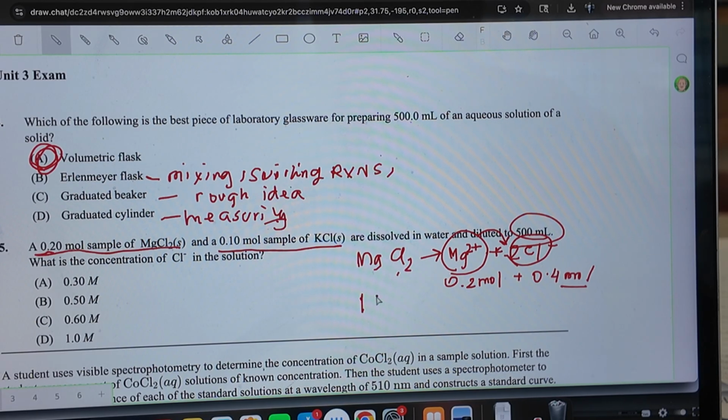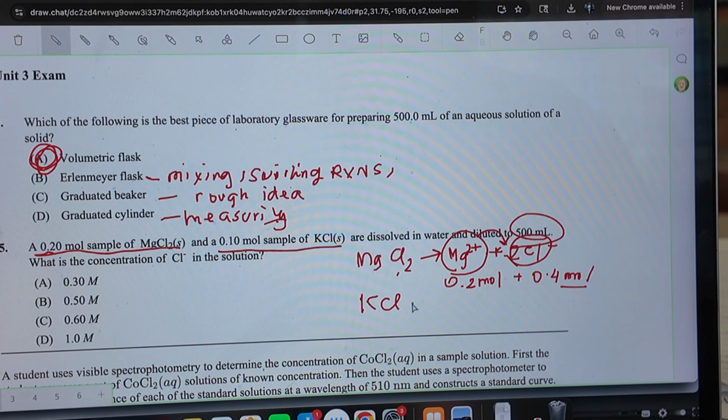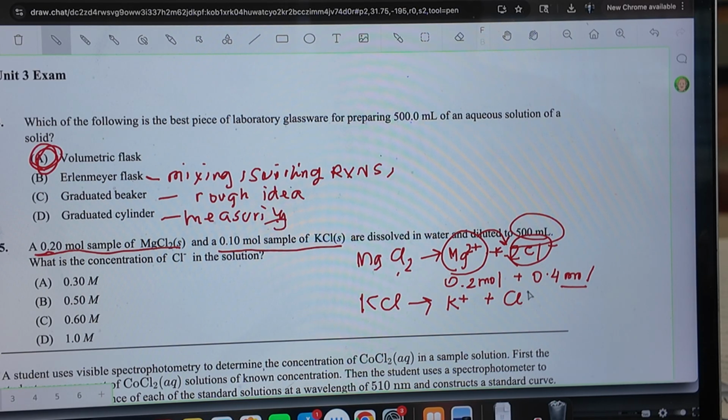And the KCl gives us K and Cl, so it's a 1-to-1 mole ratio. So K plus, and remember Cl is always negative, Cl minus, and that gives you 0.1 mole and 0.1 mole.